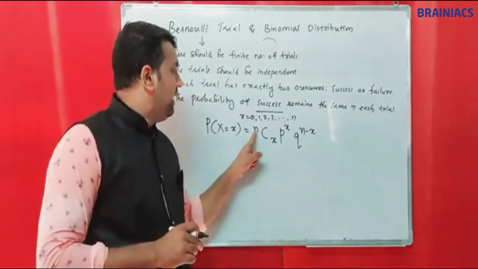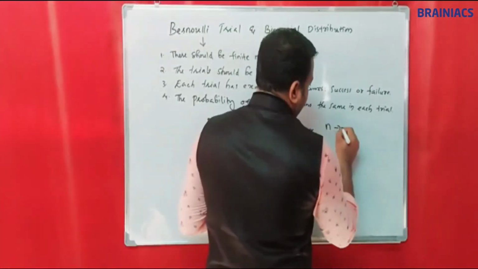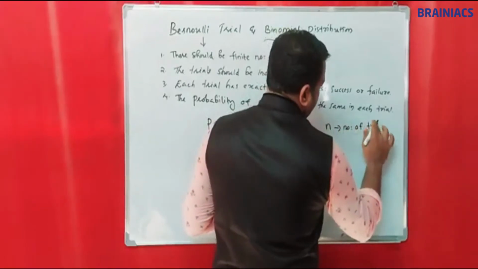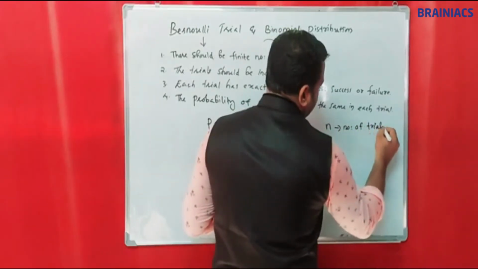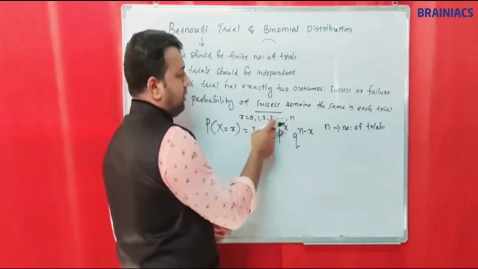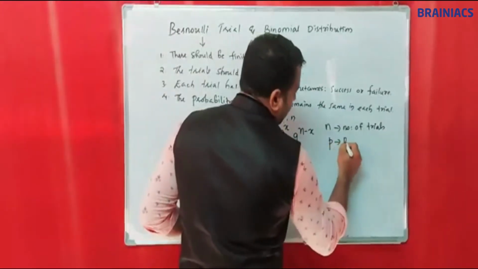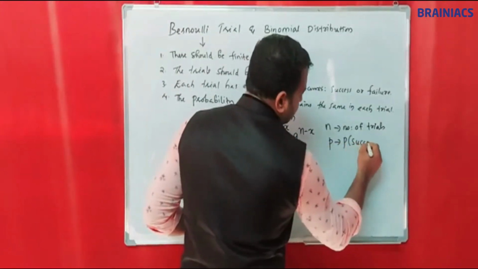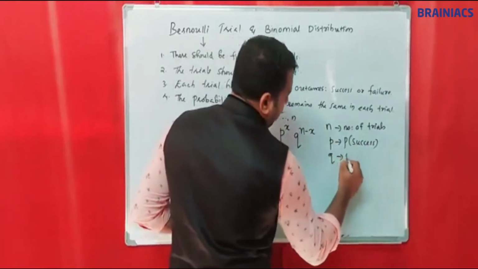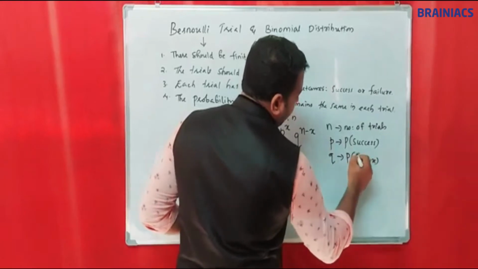Here n is the number of trials. x can take the values 0, 1, 2, 3, etc. up to n. And p is the probability of success, and q is the probability of failure.